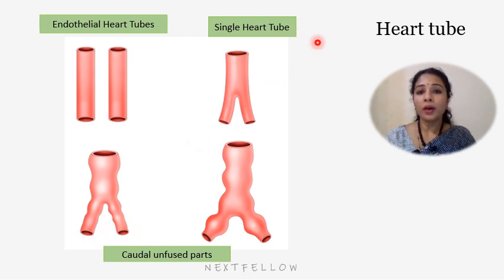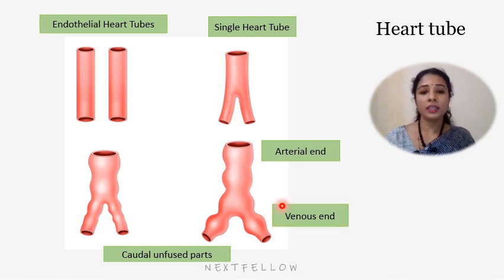So the cranial part is the arterial end, and the caudal part is otherwise called the venous end of the heart tube. Thus the heart tube becomes a continuous expanded tube with inner endothelial lining and outer myocardial layer.